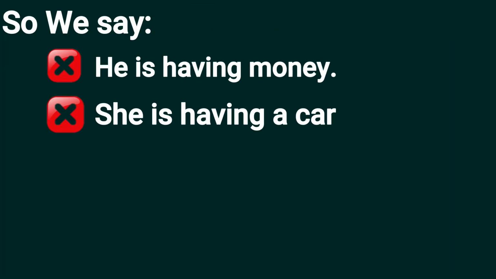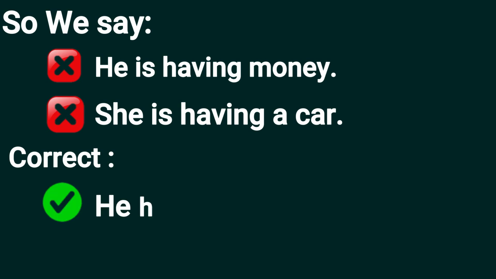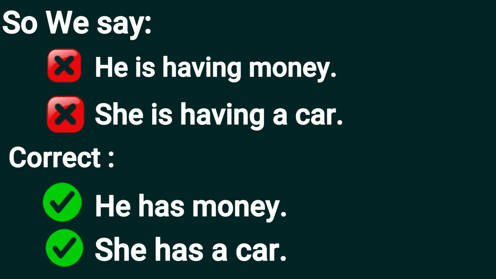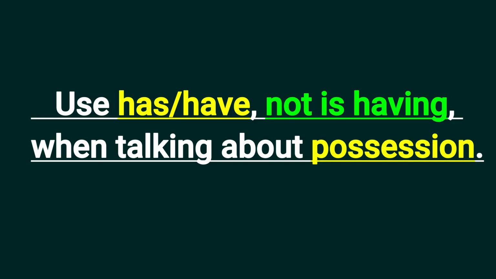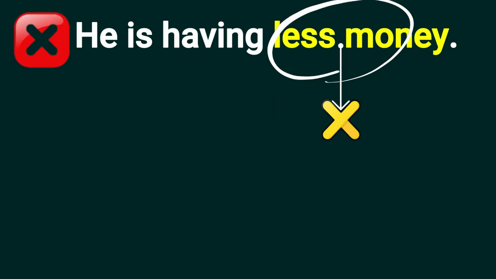So we don't say "he is having money, she is having a car". The correct one is: he has money, she has a car. So use has/have, not "is having", when we are talking about possession.